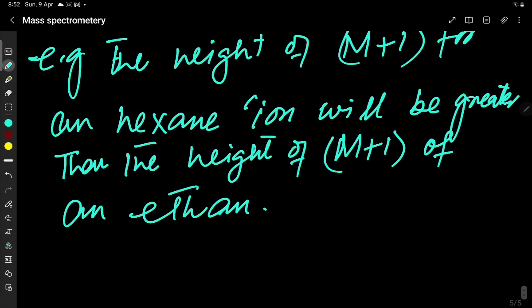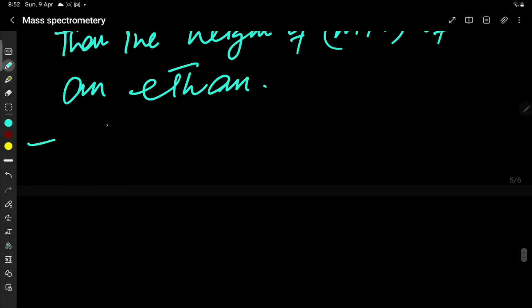There is another peak which sometimes appears in the mass spectrum, that is M plus 2.